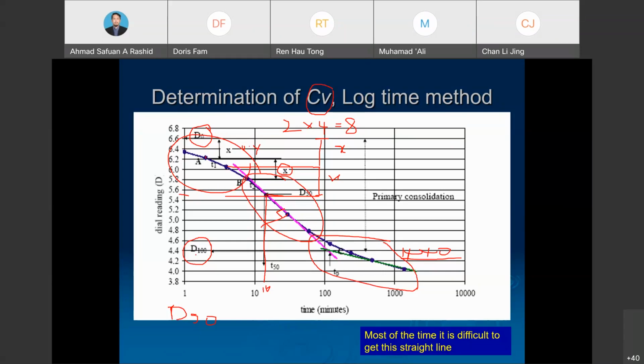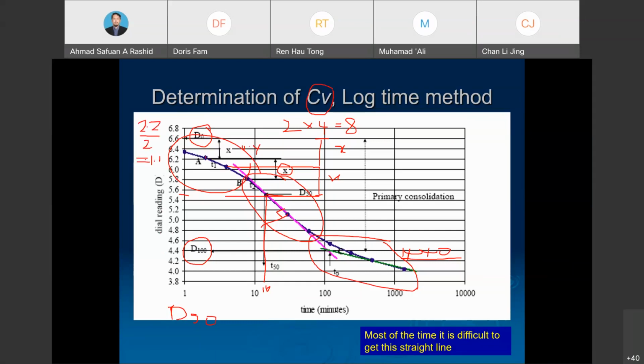Okay. This is D100. Then we get the D0. So the difference between D100 and D0, we divide into 2. So that's why we call it D50. So 6.6 minus 4.4 is 2.2. Then 2.2 divide into 2, it will become 1.1.